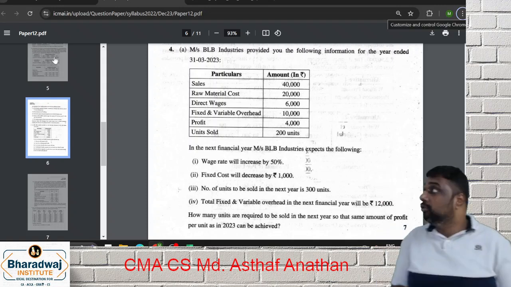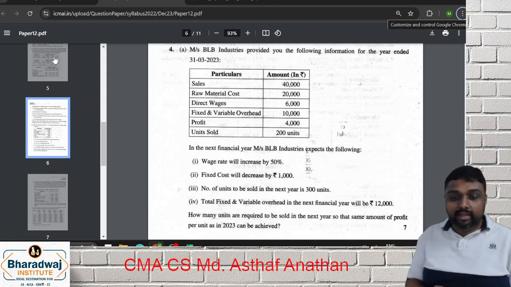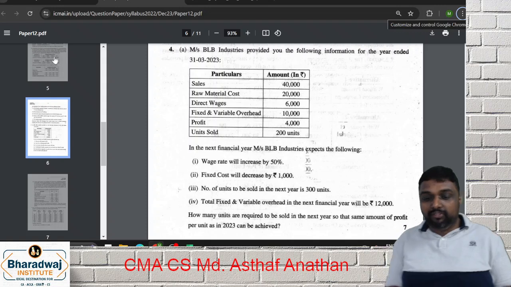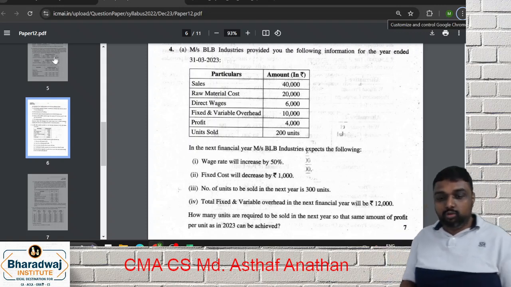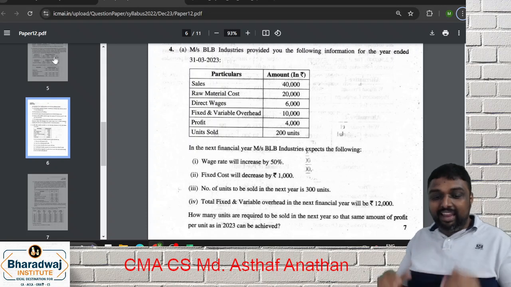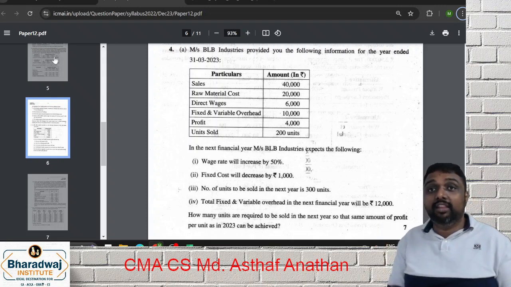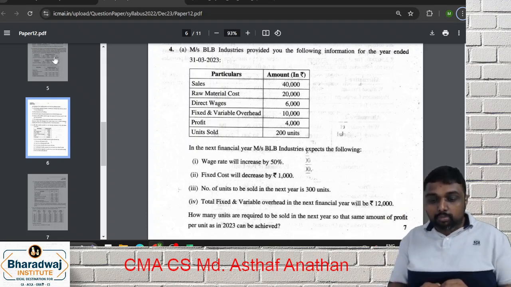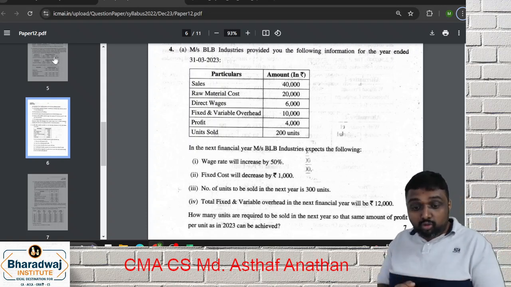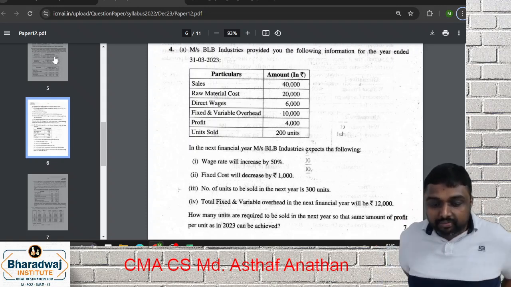Now, it's a very good question, a previous year question. BLB Industries provides you the following information on 31/3/2023. Sales 40,000 rupees, material, wages, fixed and factory overhead. Profit is 4,000. Sales units are 200 units.